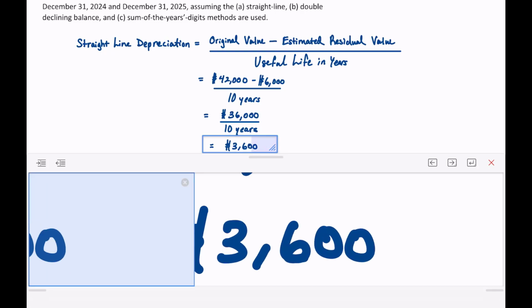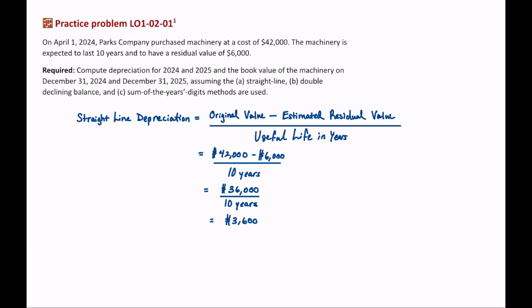Okay, pretty straightforward. But the only complicating factor here is that the asset was purchased on April 1st, 2024, which means if the problem is asking for the depreciation for 2024 and 2025, we have to adjust our 2024 depreciation expense.